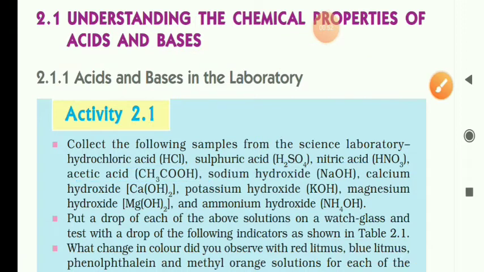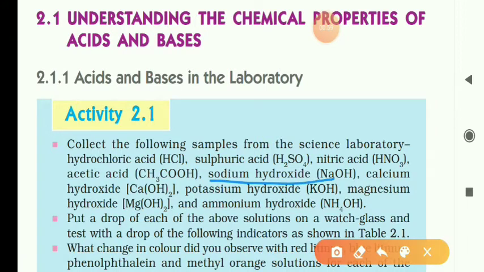And again, collect some examples of bases: sodium hydroxide NaOH, calcium hydroxide Ca(OH)2, potassium hydroxide KOH, magnesium hydroxide Mg(OH)2, and ammonium hydroxide NH4OH. So collect some examples of acids and bases in this way.